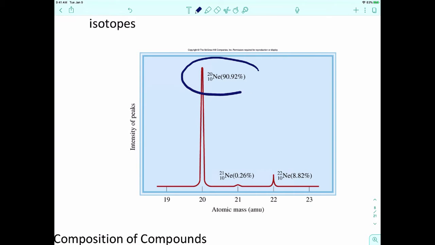The majority of neon came out with an atomic mass of 20, about 90.92%. We had about 8.82% abundance at neon 22, and then neon 21 at 0.26%.